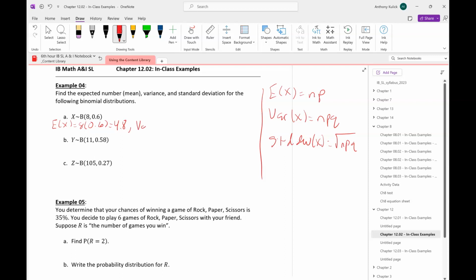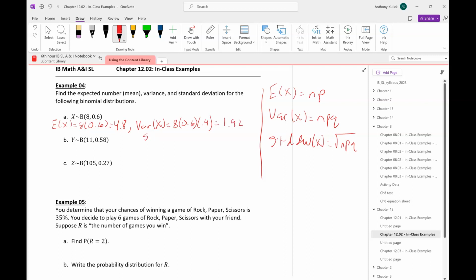Okay, then, what's Q in this formula? 1 minus P. Good. So it's 1 minus 0.6. Yep, so 0.4. That would be 1.92.